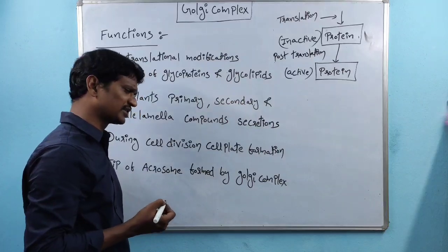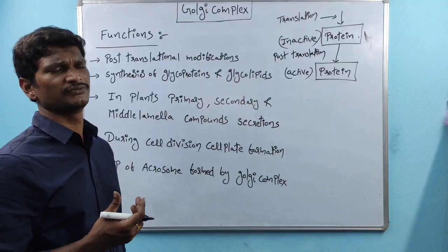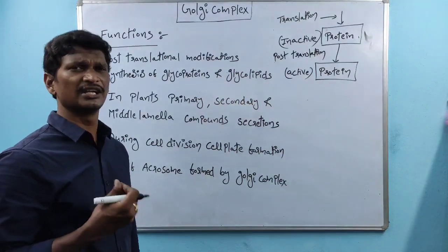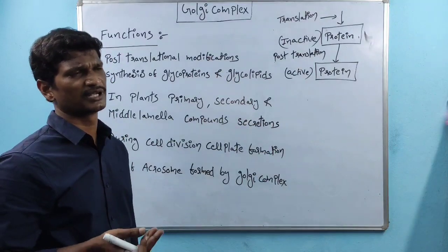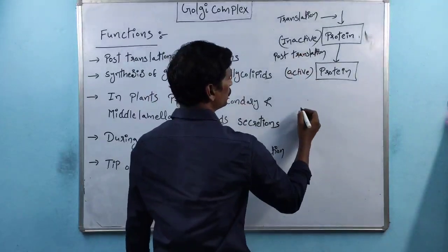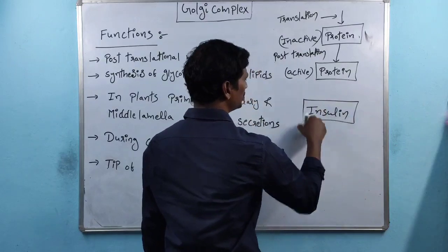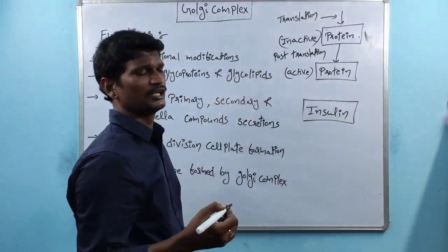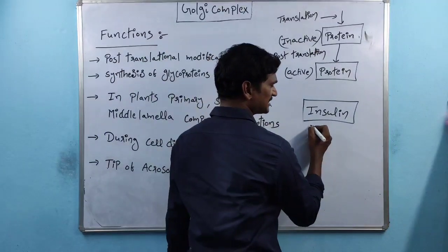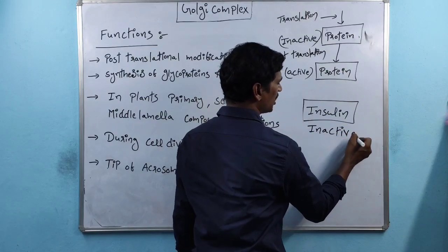One of the best examples: everybody has blood circulation. Within the blood circulation, glucose molecules are transported. Regulation of sugar level within the blood is done by one hormone. The name of the hormone is insulin. Initially, the insulin hormone is synthesized as an inactive hormone.